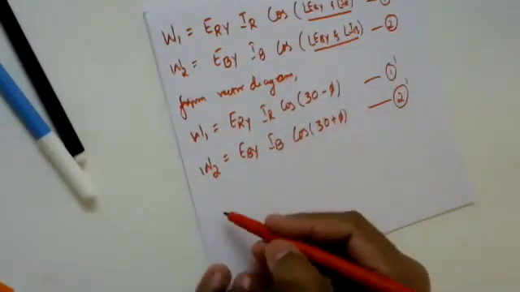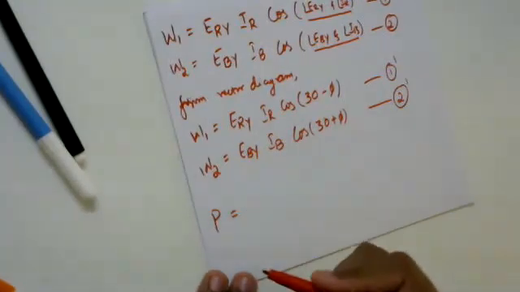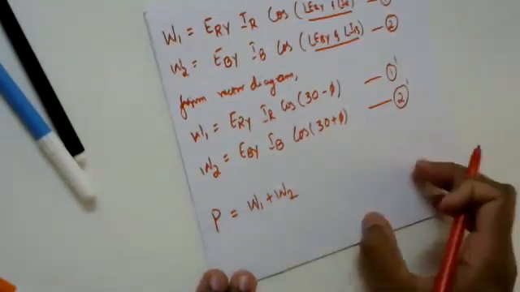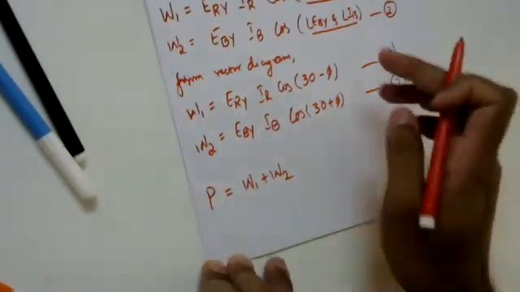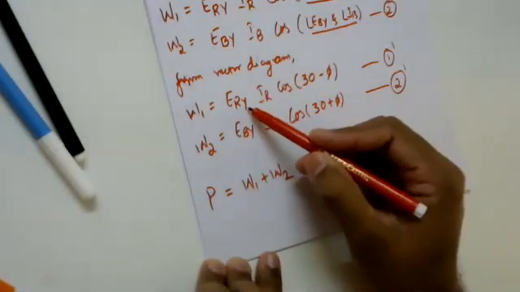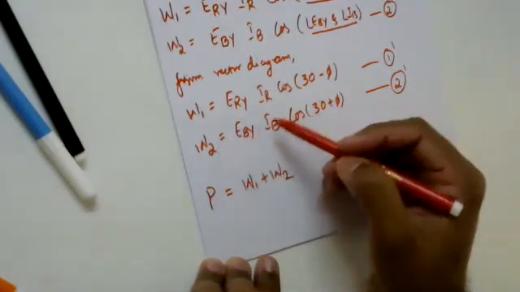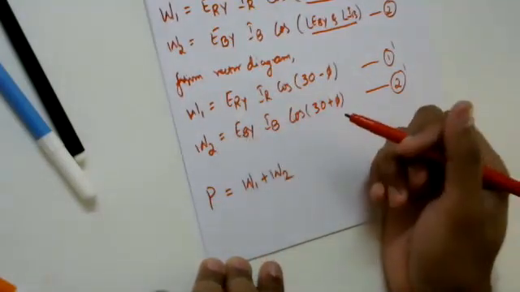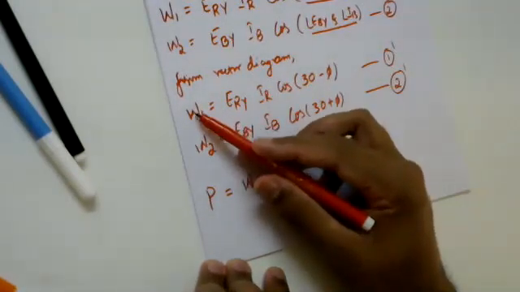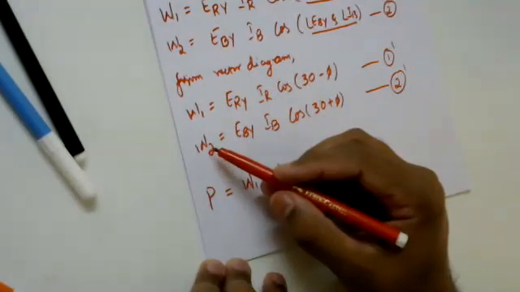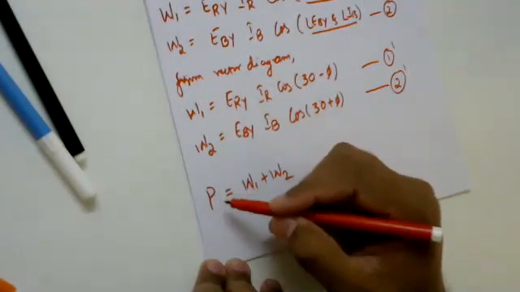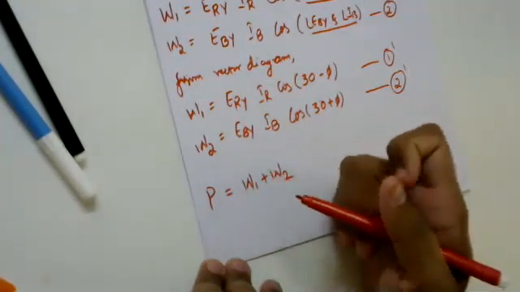The total power consumed by the three-phase load is given by W1 plus W2, because W1 reads the power consumed between R phase and Y phase, and W2 reads the power consumed between Y phase and B phase. When I sum both values, I will get the total power.